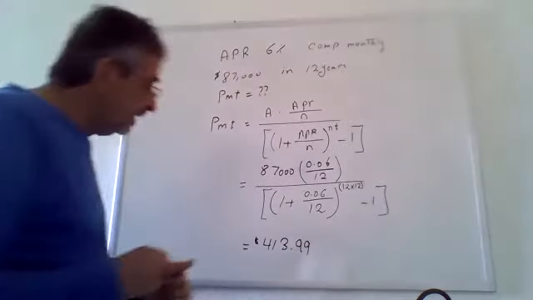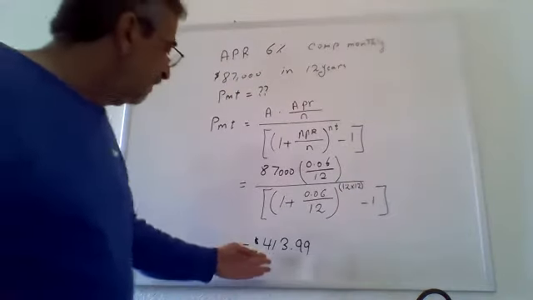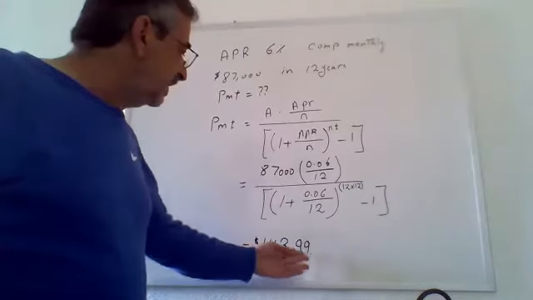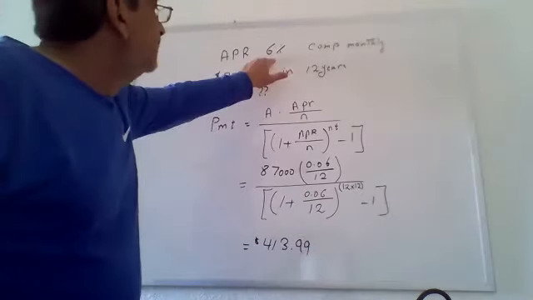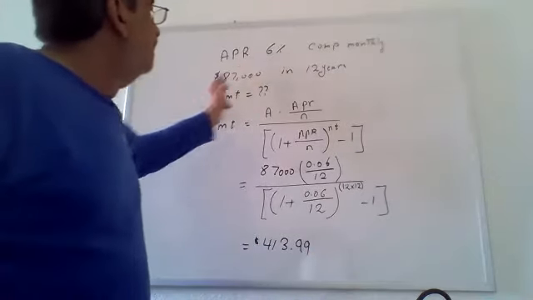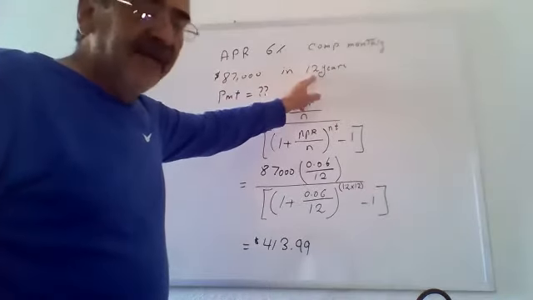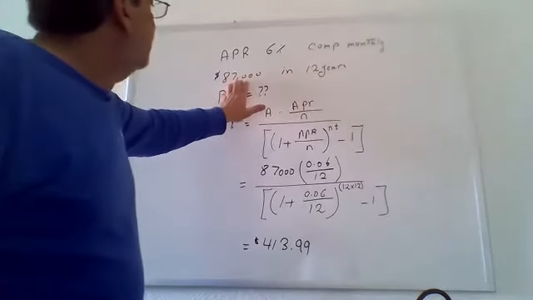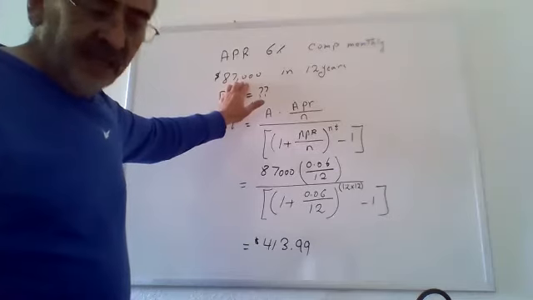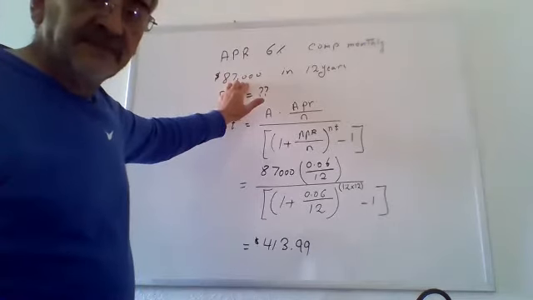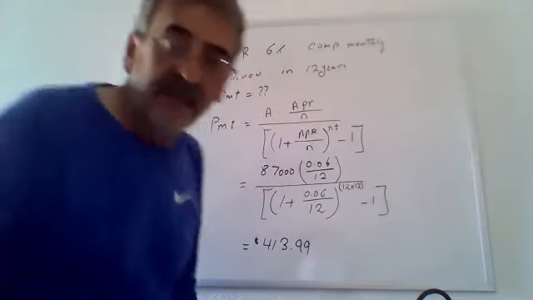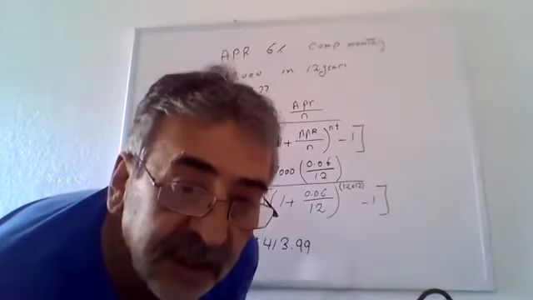So basically, if you deposit $413.99 at 6% interest for 12 years, at the end of 12 years, you can end up with $87,000 in the account. Any questions?